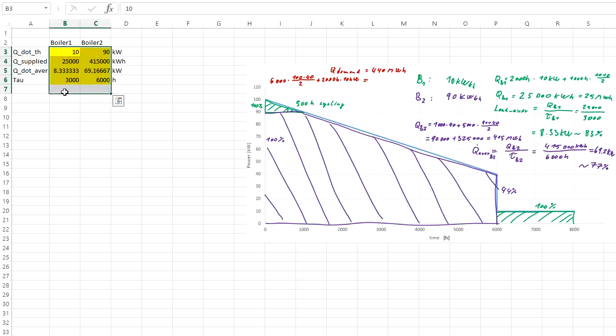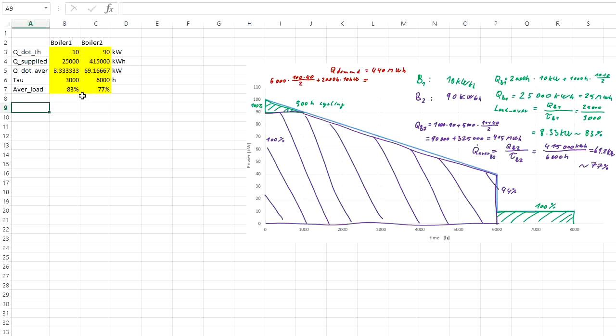And maybe lastly, also the average load, which in the case of boiler 1 was 83% and boiler 2 77%.